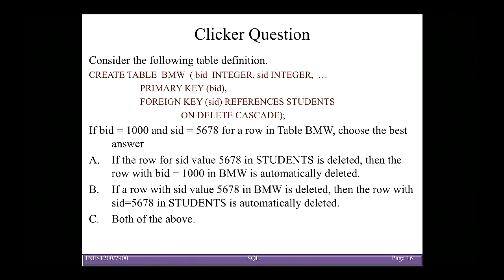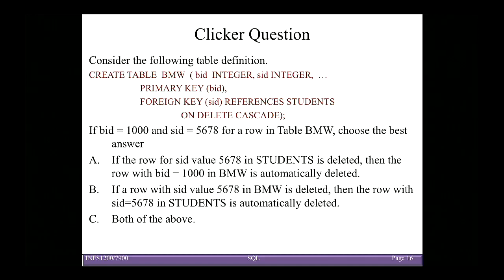But why isn't B right? If the BMW is deleted, there will be tiers. The car's gone, right? That's deleted. But there's no reason why you should delete the student, because the student's not referencing the car. Right?